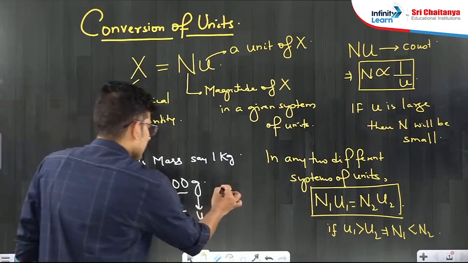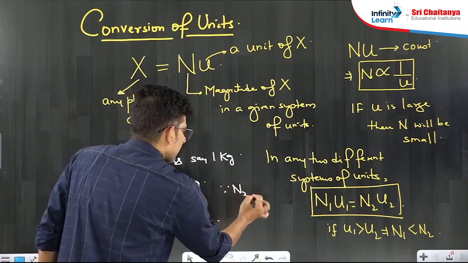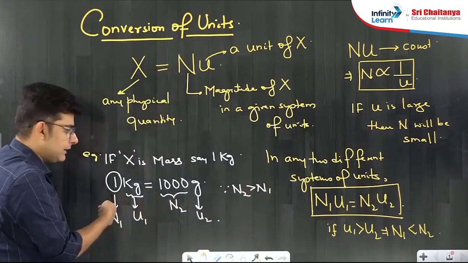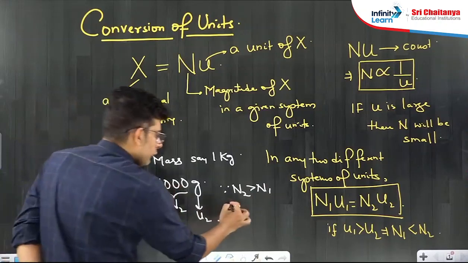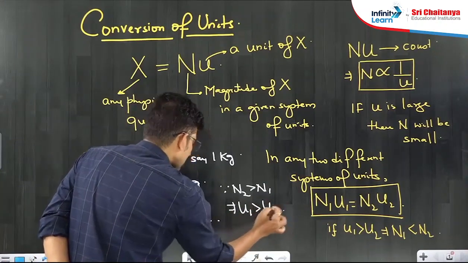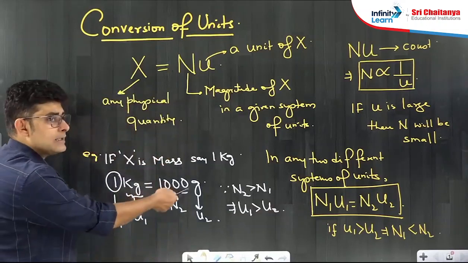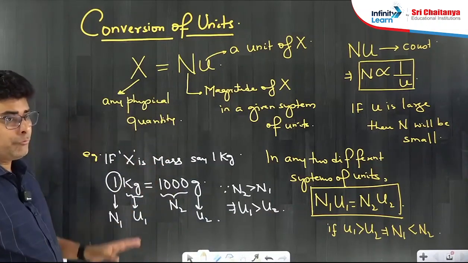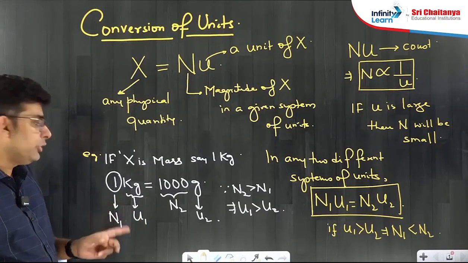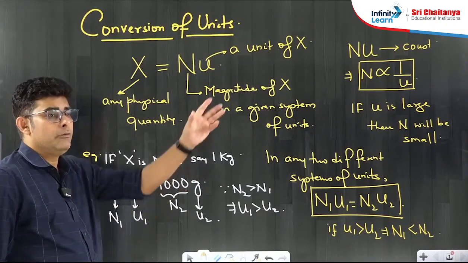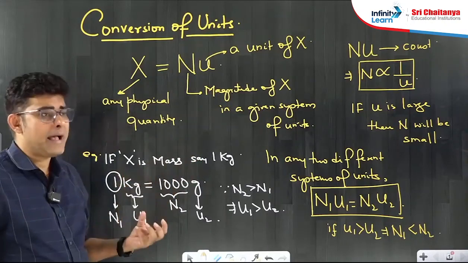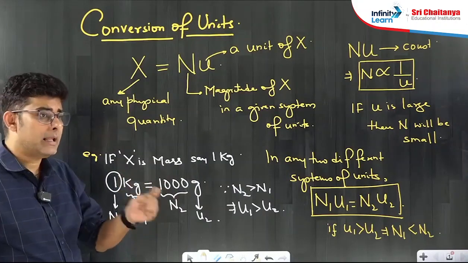You can see from here, n2 is greater than n1. n2, 1000, we know is more than 1. So this means u1 will be greater than u2. That means kg is a larger unit than gram. Whenever we compare two units, you have to check: whichever system of units has smaller magnitude, that unit will be larger.